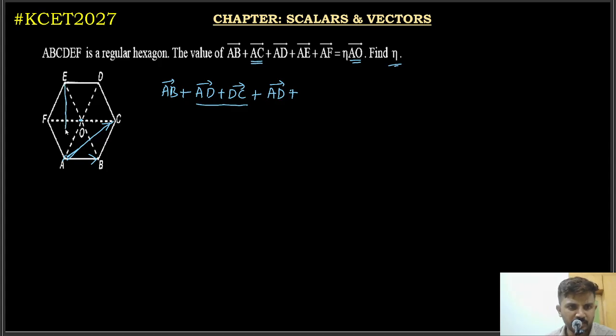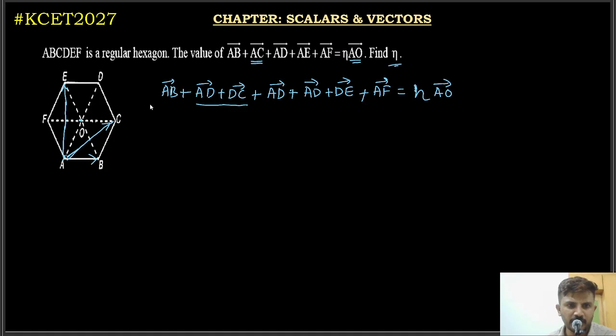AE can be written as AD plus DE. AD plus DE plus AF, I will keep as it is, is equal to how much? Eta times AO.